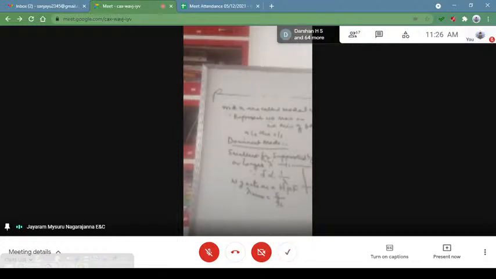Lambda maximum is the maximum wavelength supported by the waveguide. So this frequency mode is called the dominant mode. The smallest frequency supported by a waveguide, or the longest wavelength supported by a waveguide, is called the dominant mode.